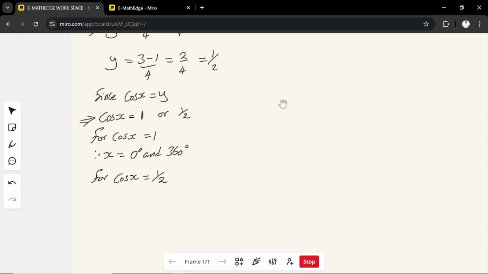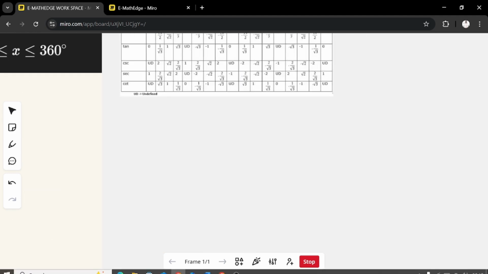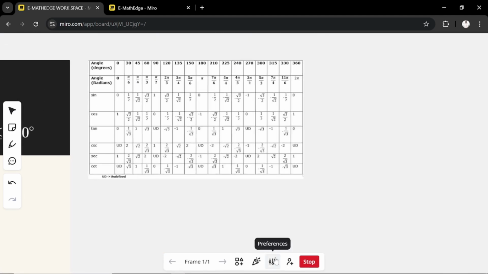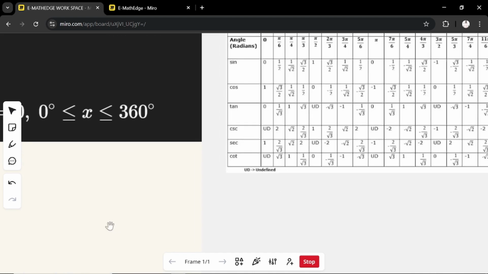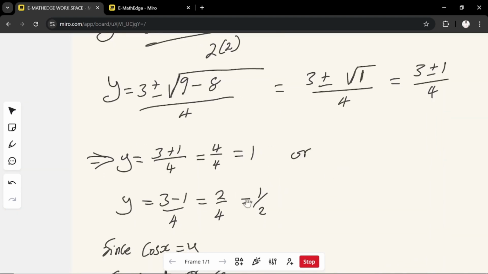We still have to go back to the trigonometry table to check when cos x is equal to 1 all over 2. Taking the cos row, we have cos x to be 1 all over 2 at 60 degrees, and also at 300 degrees.